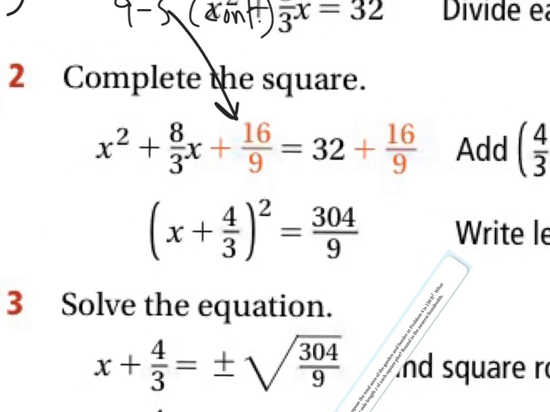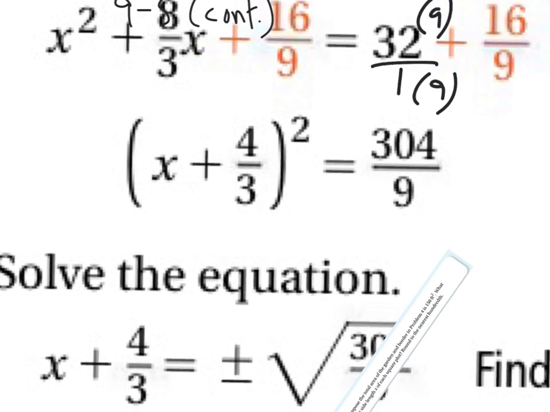At that point, over on the right side, we want to combine those together. In order to do that, we need a common denominator, which would be 9. Combine those together and it ends up being 304/9. This is looking really nice. Maybe not.